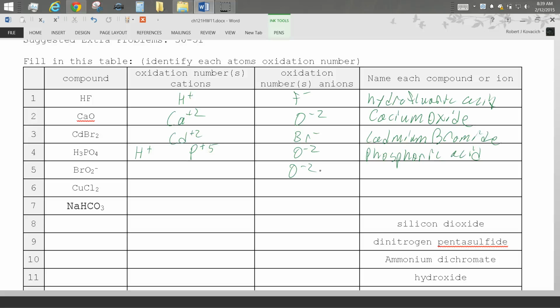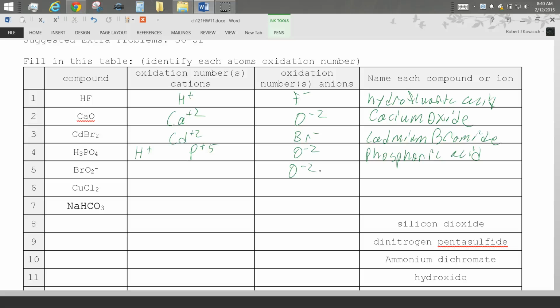Do we have a rule for the bromine, the halogen bromine? What's the halogen rule? -1. Unless, and here's the important part, it would be -1, except with oxygen or a halogen higher on the list. And oxygen, obviously, gets to do what it wants to do with the halogens except for fluorine.